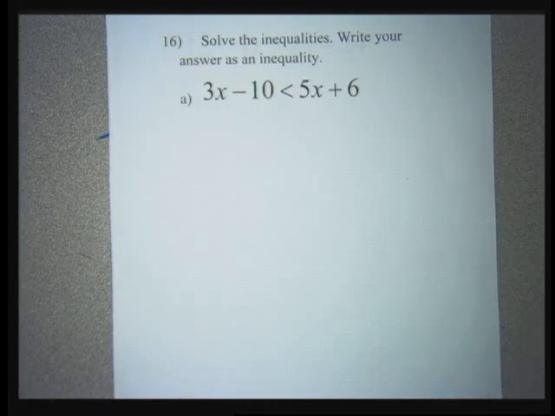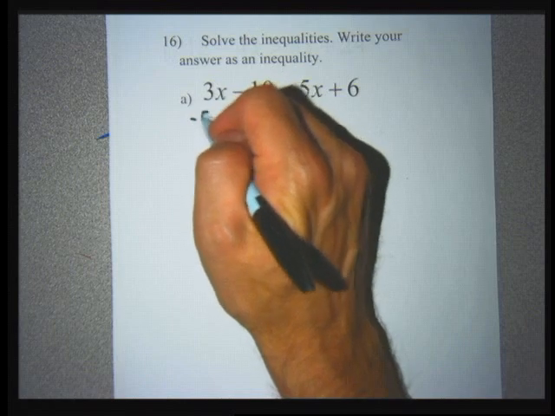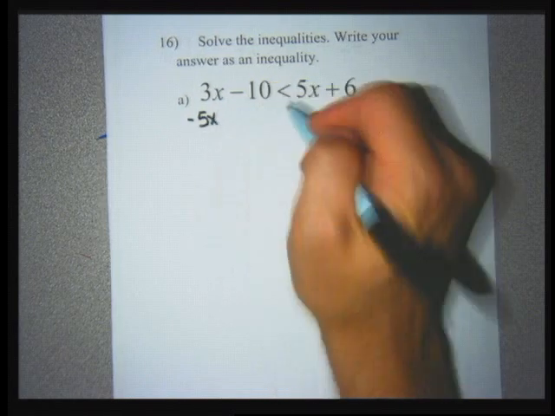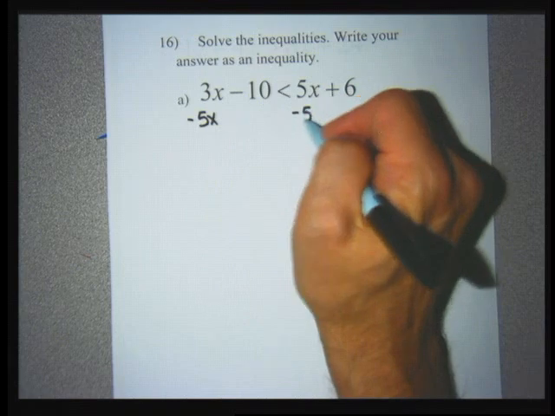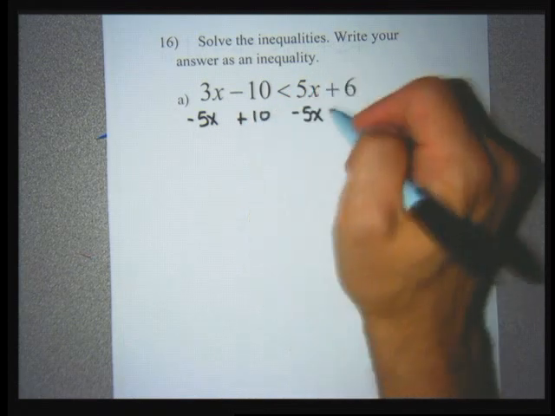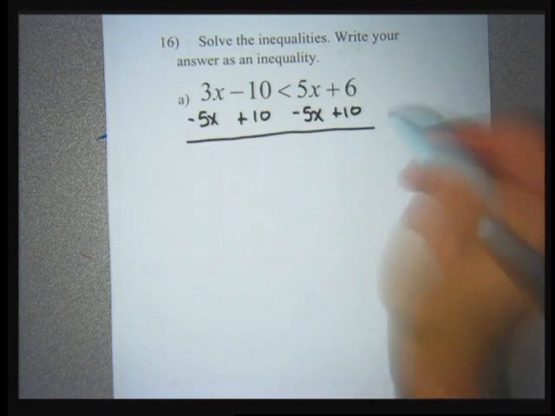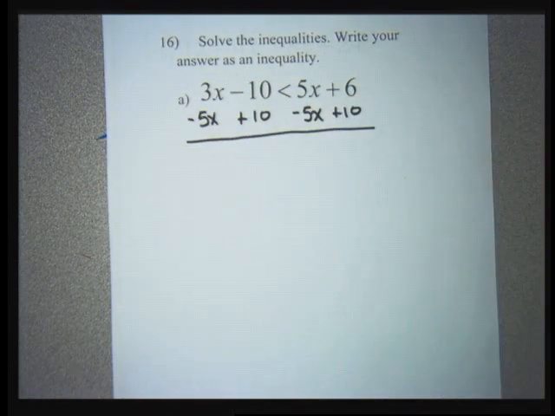So I need to solve for x. Means I need to get the x's on one side, the numbers on the other. If I do what most students would do, probably minus 5x from both sides to get the x's on the left side, and add 10 to both sides to get the numbers on the right side, I'm going to create a need to flip the inequality, but not yet.